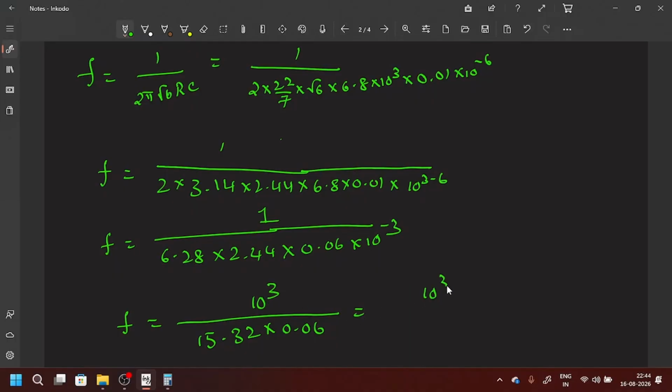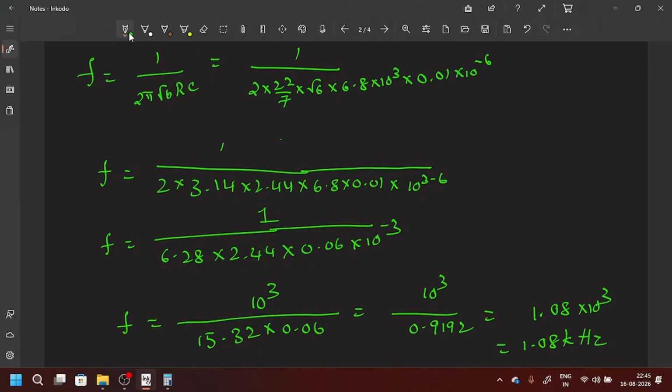So that's 10 cube divided by 15.32 multiplied by 0.06, which is 0.9192. Now 1 divided by 0.9192 will give you a value of 1.08 into 10 cube. So this will give me 1.08 kilohertz of frequency.